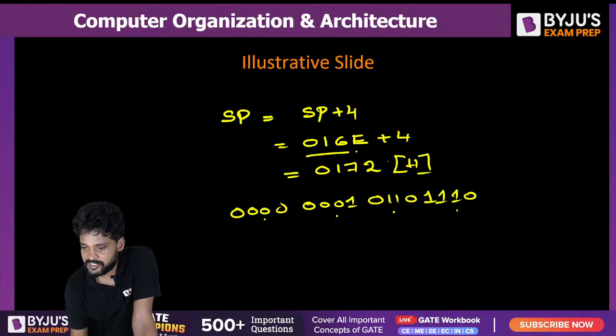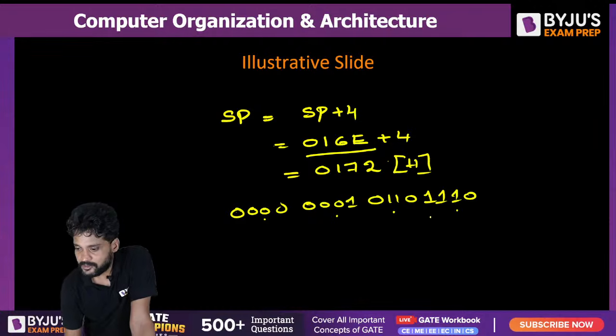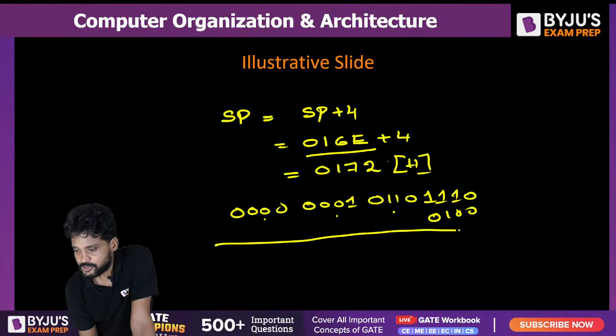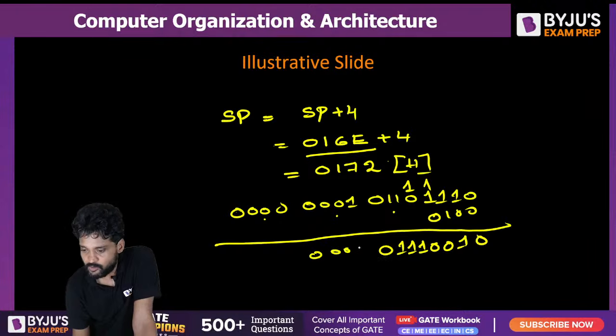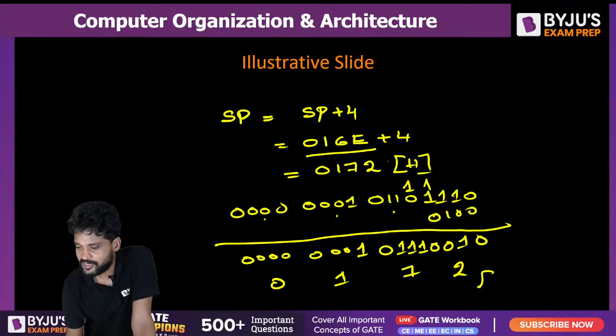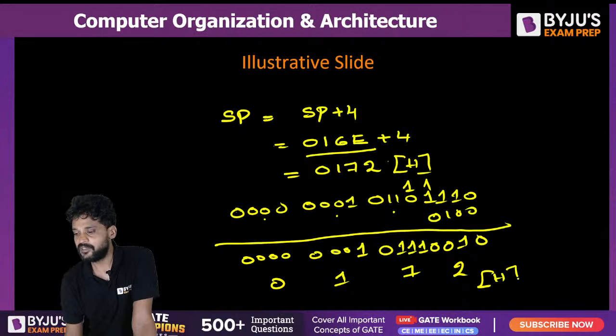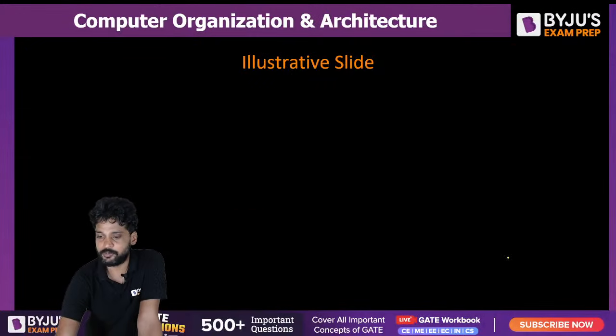We need to add 0100. When you add this, what would you get? 0111, 0001 and 0000. So this is 0, this is 1, this is 7, this is 2. 0172 hexa. 0172 is the correct option here.